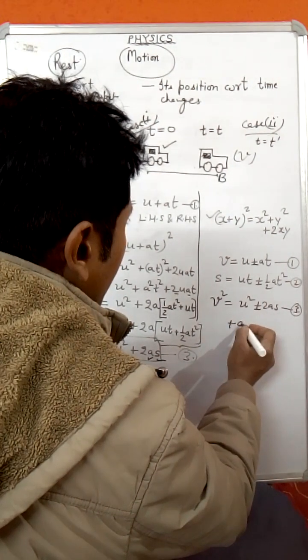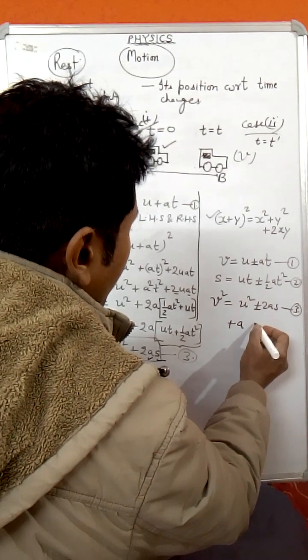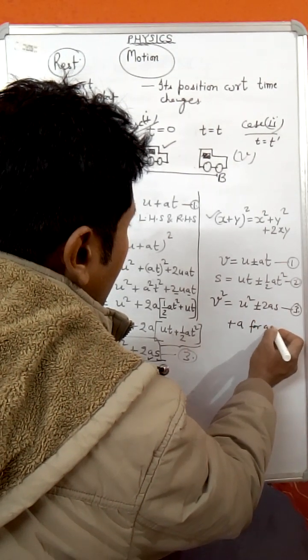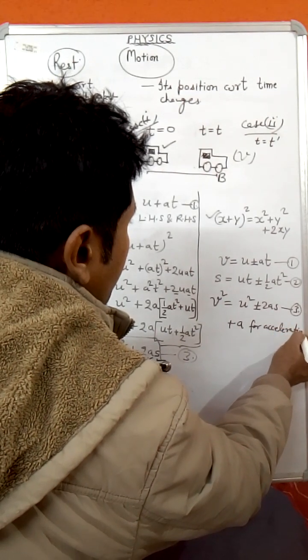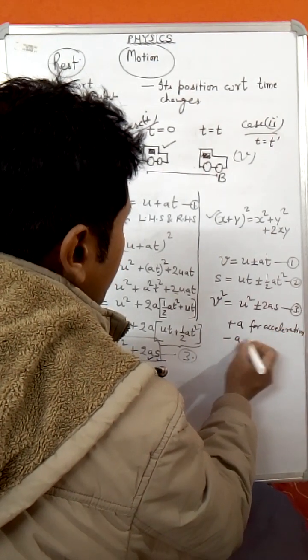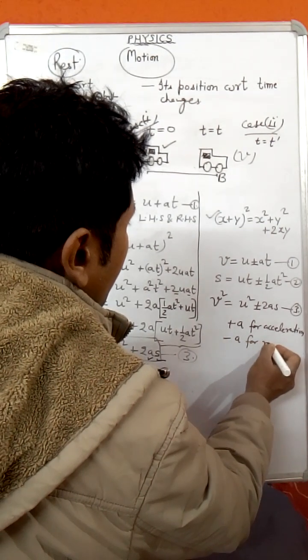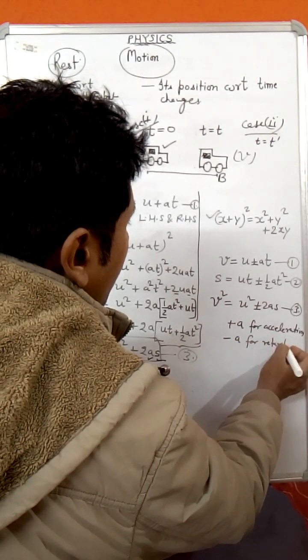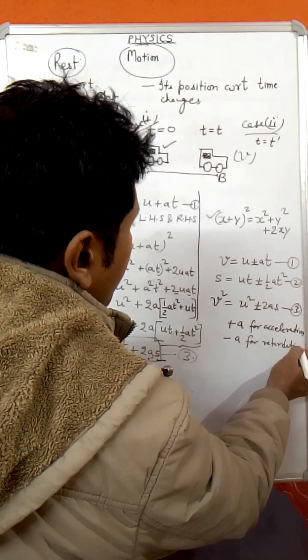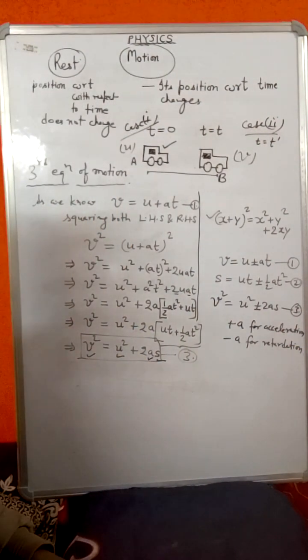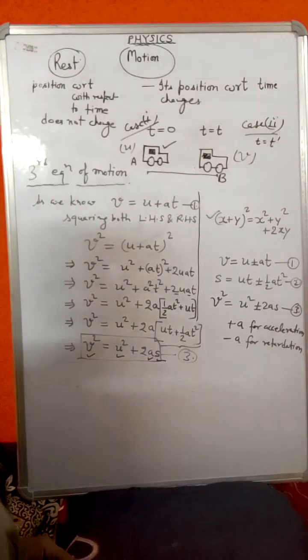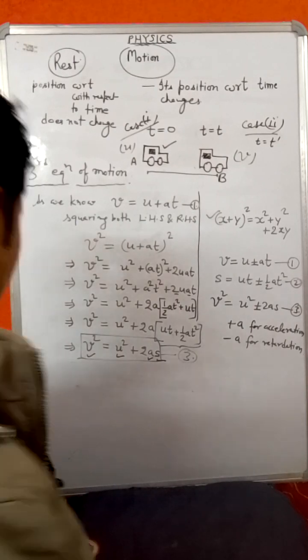So plus a can be used for acceleration, right, and minus a for retardation. Correct? This point is clear? Okay? Fine.